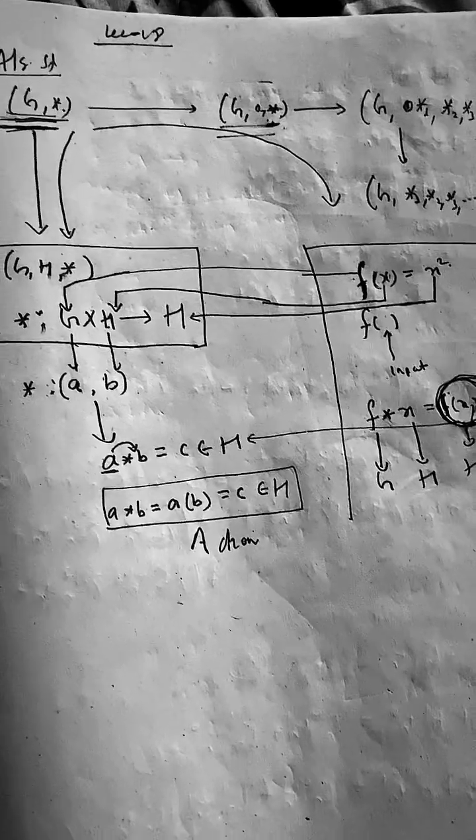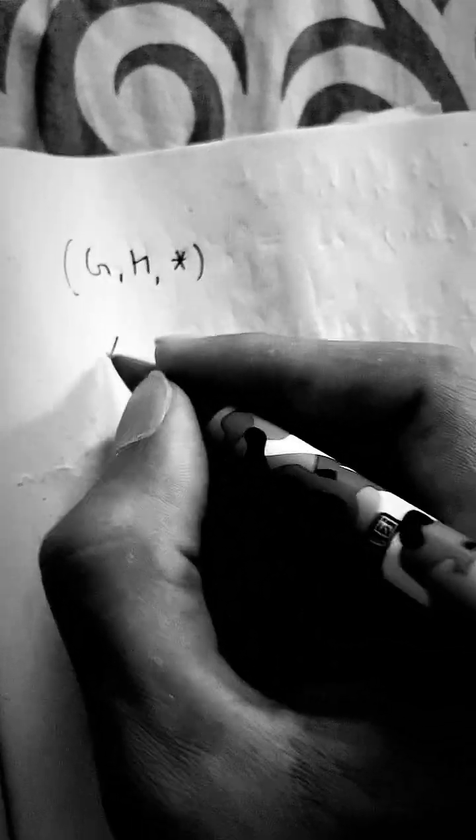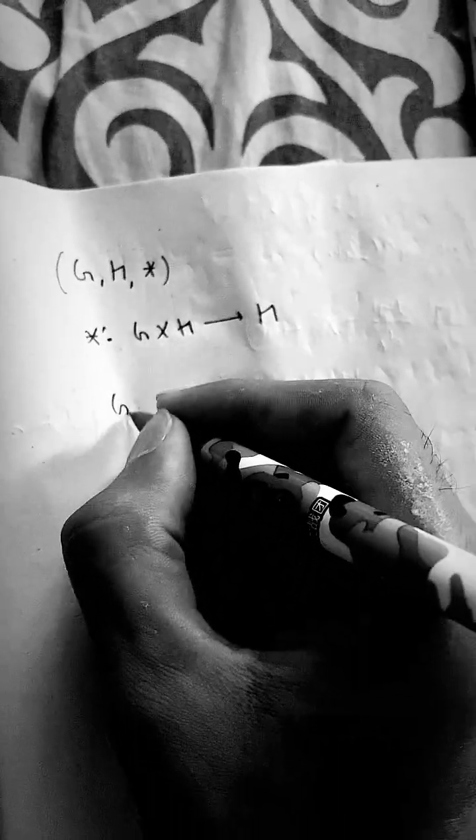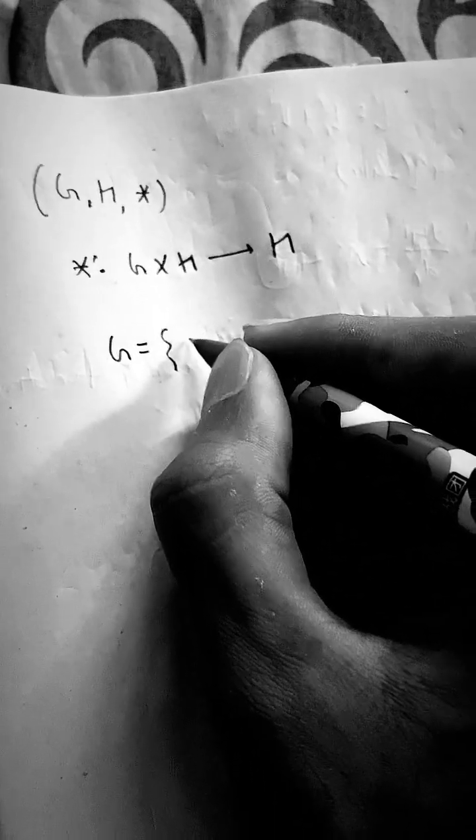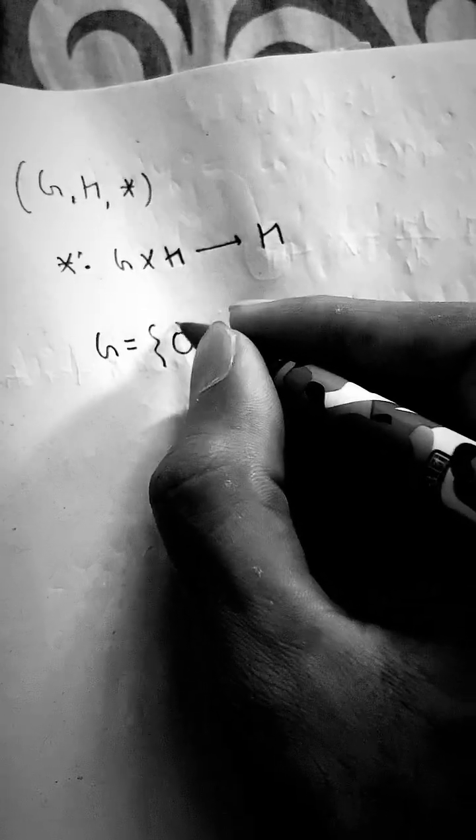All right, now how do we define? We said we have two sets G, H and some operation star, and this star is defined as G with H, producing an element in H, right? Now consider a set G. This set contains an operator, let's say O, okay, an operator O.